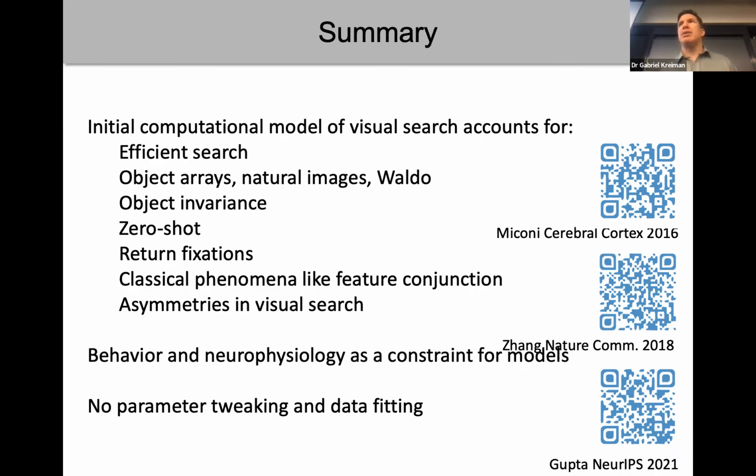We don't need to collect human eye movement data in order to fit the models. We take the models with basic conjectures, and at least again at a qualitative level, the model can capture essential aspects of visual search. The models can achieve efficiency, zero-shot search, without having to fine-tune and tweak the models. So that's it. I'll stop there. Thank you.